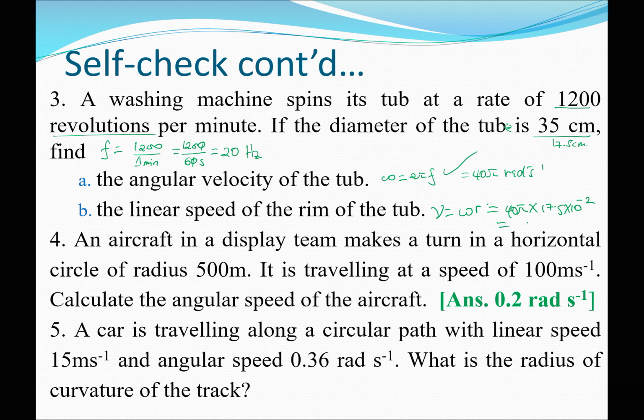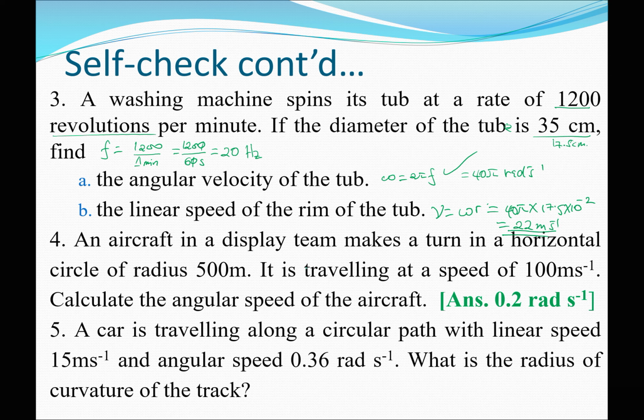So I think this is approximately 22 meters per second. You can verify those answers. I use 17.5 because they gave us the diameter of the tub, so the radius is 17.5. That is the distance from the center of the tub.